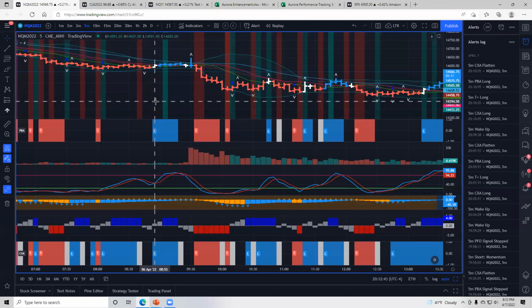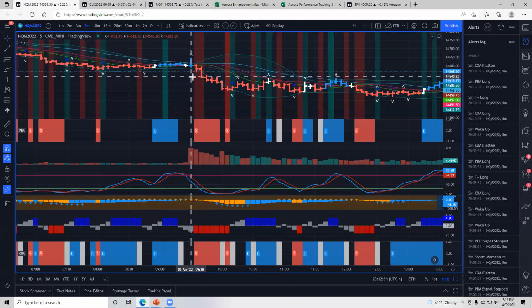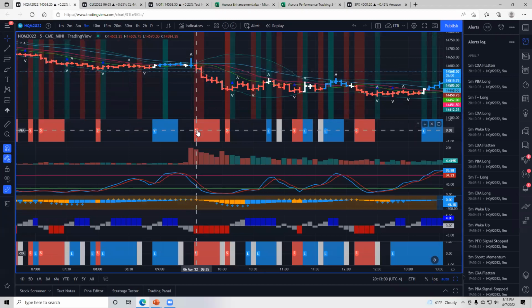So right here, Tom, at 9:35 yesterday morning is an example of a 4A. There was no 3A leading into it, but here's a 4A. It's because the price bar color is red. We have a PBA, we have a PFO, and we have CXA, and they're all lined up.